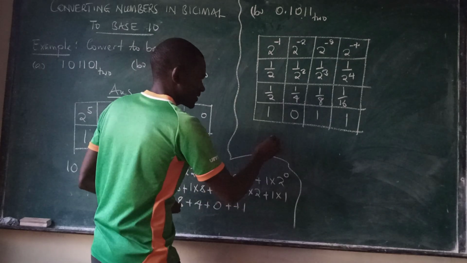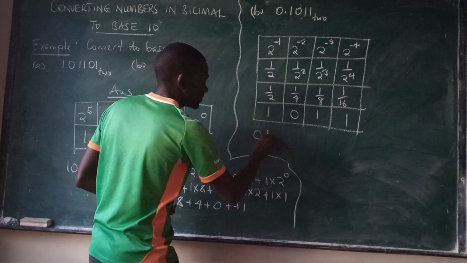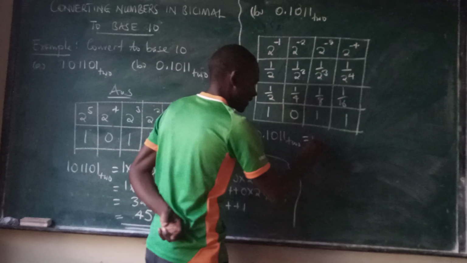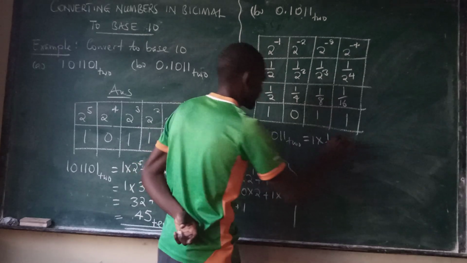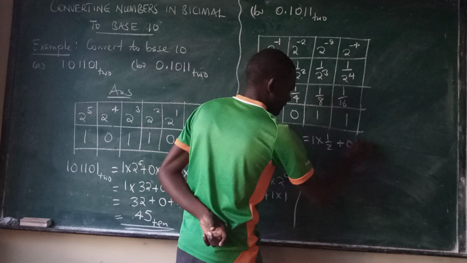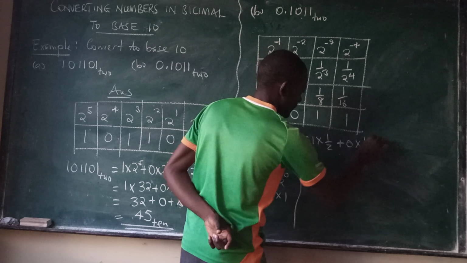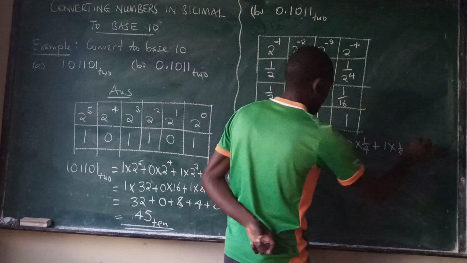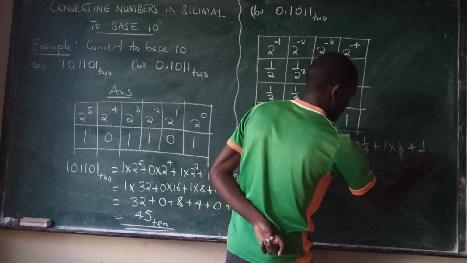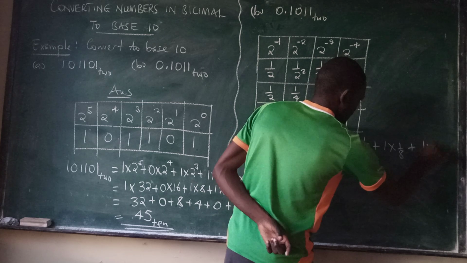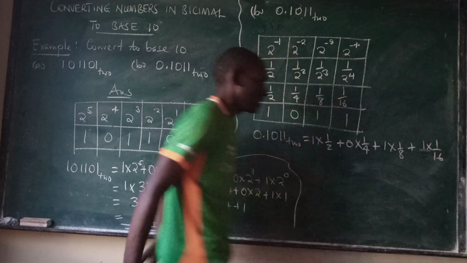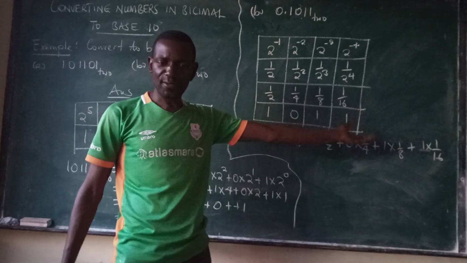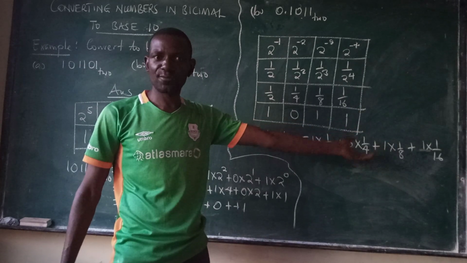So that gives us 0.1011 base 2 being equal to 1 times half plus 0 times 1 over 4 plus 1 times 1 over 8 and then 1 times 1 over 16, like that. Now what you can do, you can add everything there. Whatever you get will be a number in base 10, though it will be a fraction.